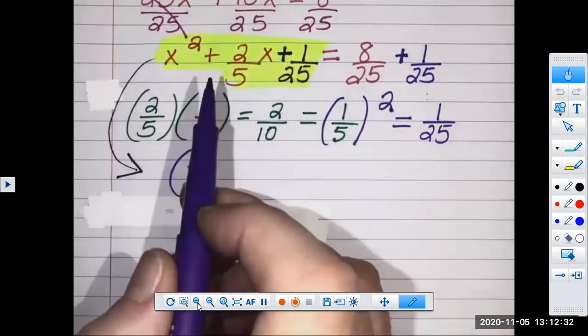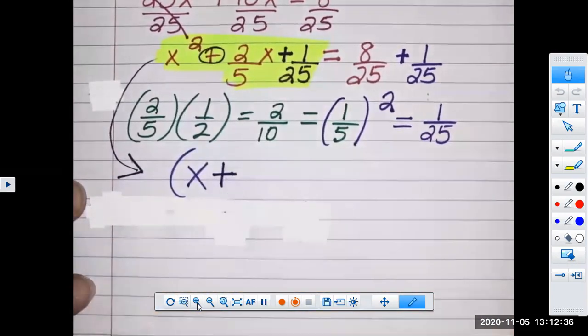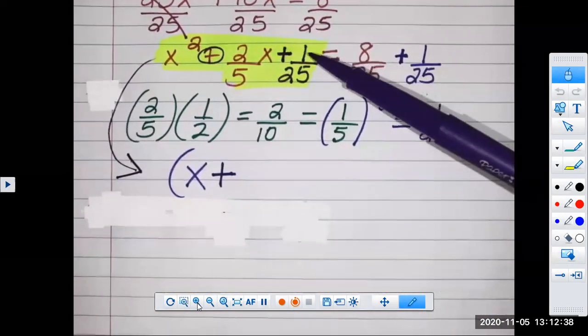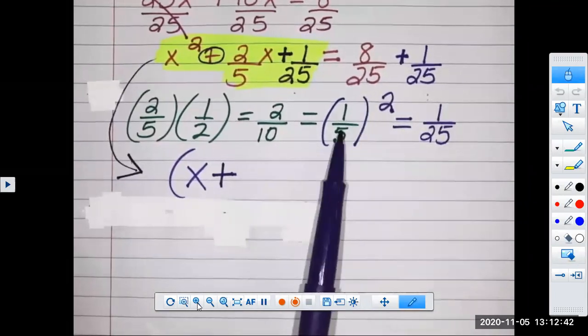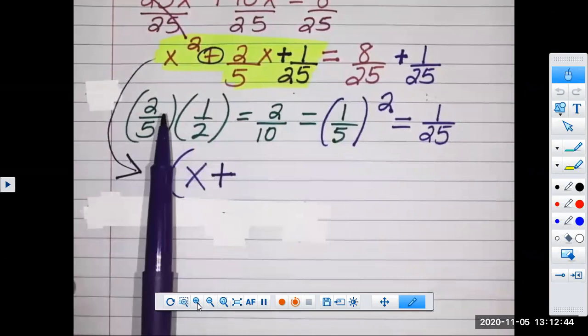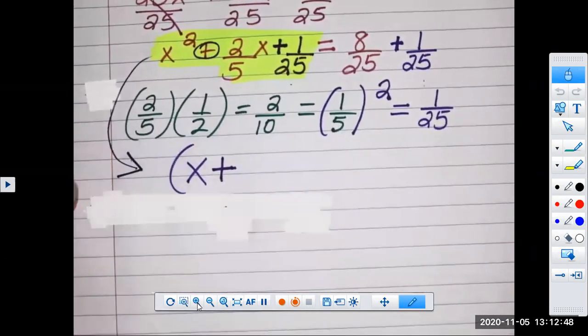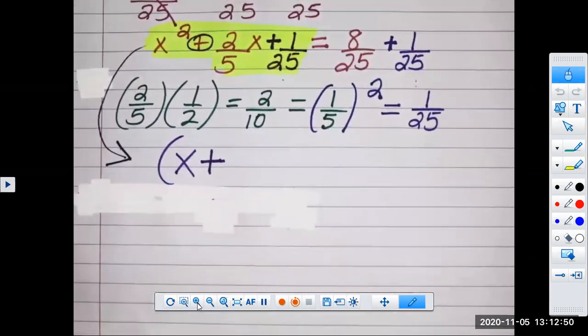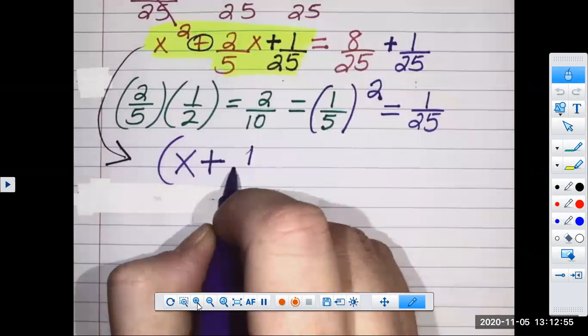Good, x, and then you get the plus sign from that middle term. And then I simply just take the square root. Pretty much this is your b squared, whatever this number is after you take half of it, that's what goes here. Anyway, just take the square root of that, which is 1/5.